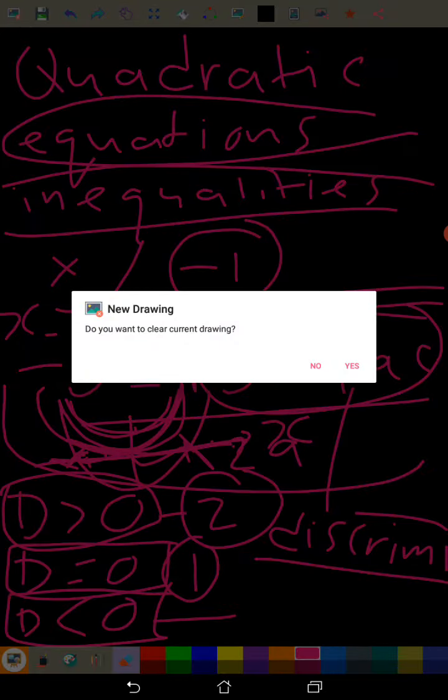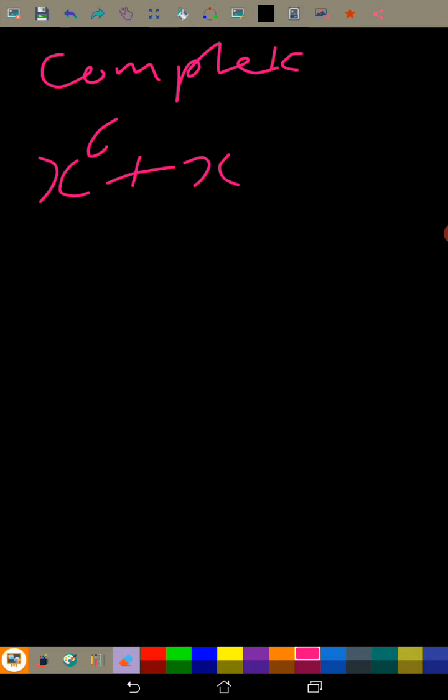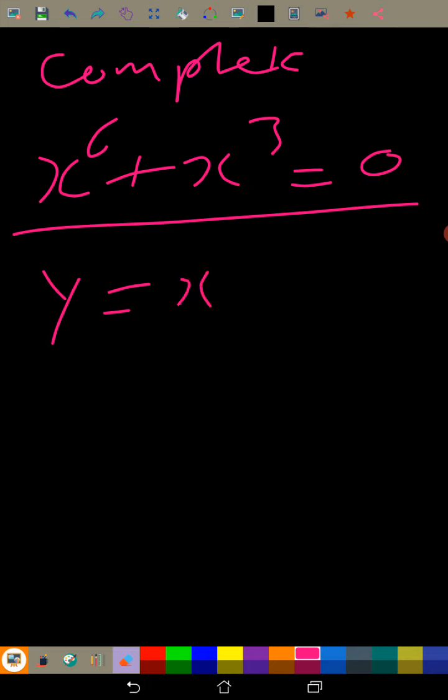All right, so this is a summary of what we've just learned, and I remember that we also have complex equations. For example, if we have x to the power of 6 plus x cubed and so on, and we want to solve this, we have to say that y is equal to x to the power of 2.